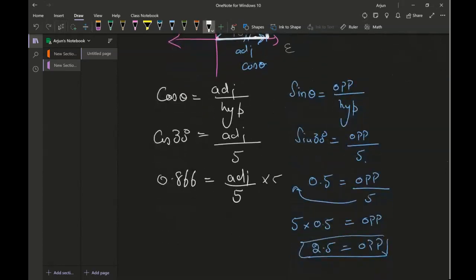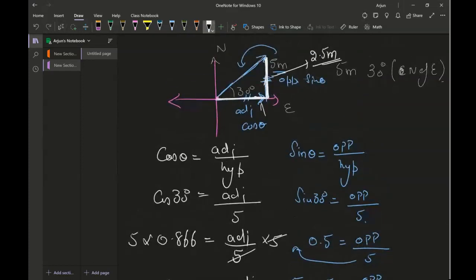Now multiplying both sides by 5 cancels out the 5 on the right-hand side, and I can find the adjacent side. 5 times 0.866 is 4.33 meters. So the value of the adjacent side is 4.33.